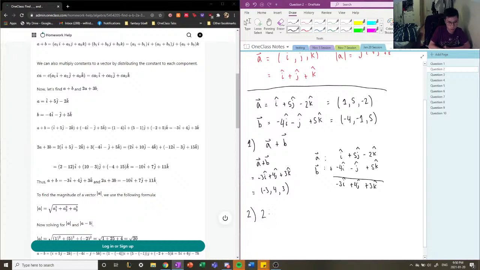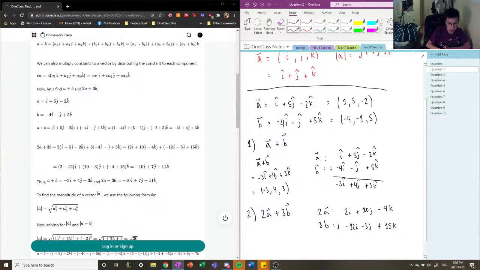So we're looking at 2A plus 3B. 2A is going to be equal to 2i plus 10j minus 4k, and 3B is going to equal negative 12i minus 3j plus 15k.